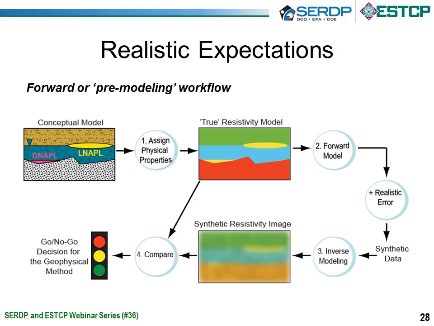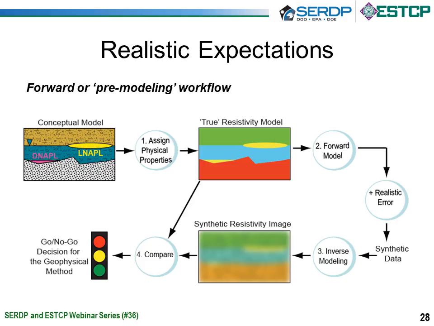So how does it work? Again, if you're a groundwater modeler, you'll be familiar with this process. We build a model. We assign the physical properties, in this case the geophysical properties. We generate the true model, in this case the true resistivity model. This example is based on resistivity. We've converted the conceptual model to resistivities of these different units.